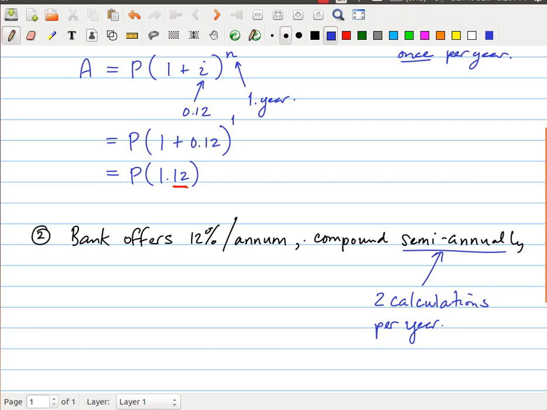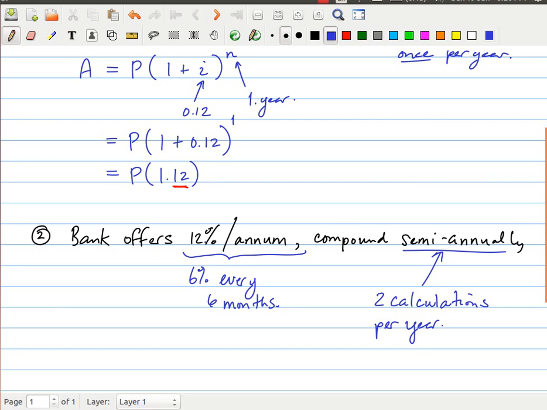Now, in this case, things are going to change, because if the bank is offering me 12% per annum, then if I'm doing 2 calculations per year, then really what the bank is offering me is 6% every 6 months. So if we get 12% per year, but it's calculated semi-annually, they're going to do 2 calculations per year. Each one of those calculations will be 6 months.